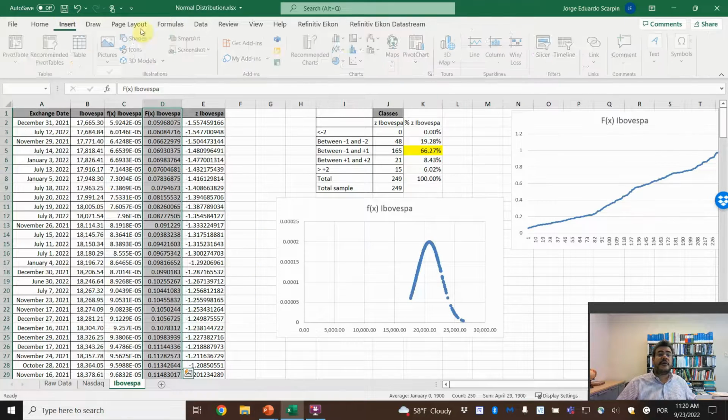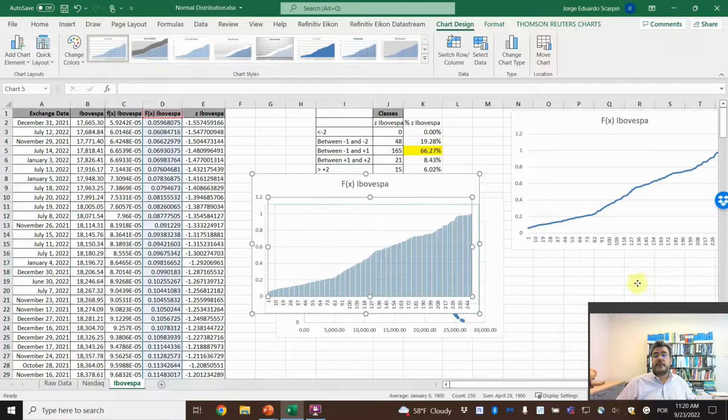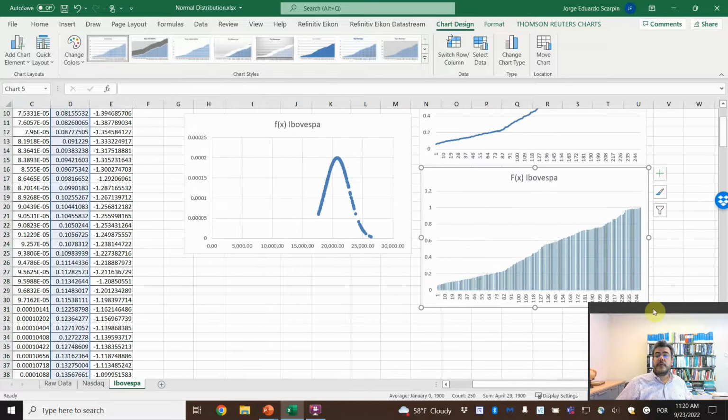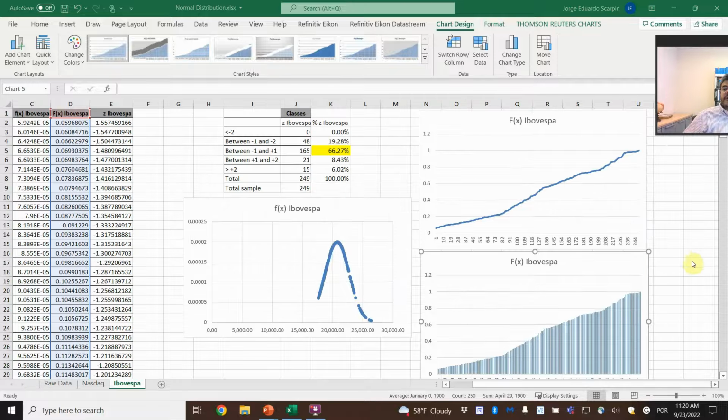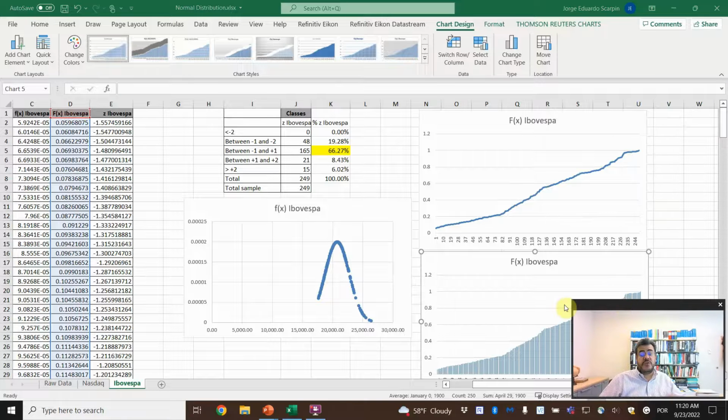So here, insert. So it goes on here. So completely up to you to choose which one you want. So this is a normal distribution.